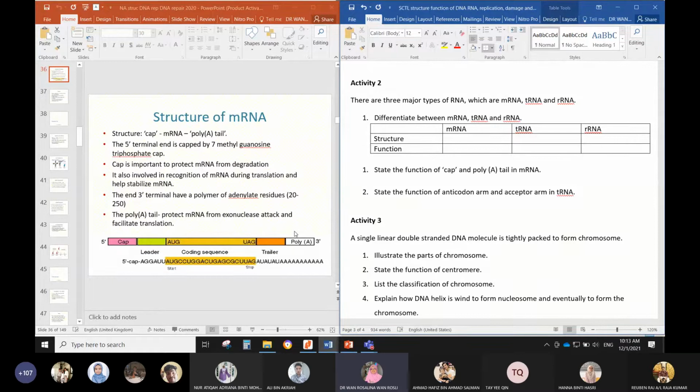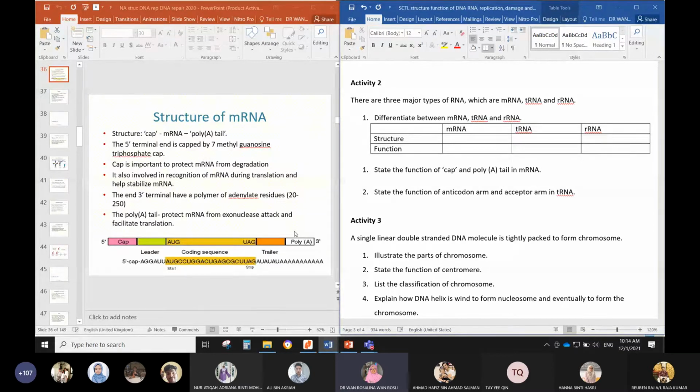And then apart from other functions like stabilizing the molecule during the translation processes. So the whole machinery is quite elegant and has already taken into account these other possibilities that would come into contact when the mRNA goes to the cytoplasm.